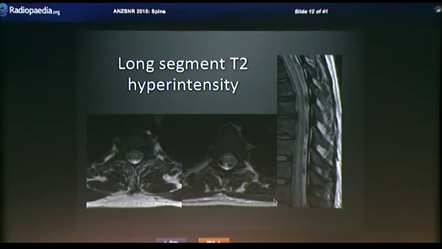From there, I'm going to move on to probably one of the most difficult of the conditions that we face as a diagnostic dilemma. And that is when you've got longitudinally extensive T2 hyperintensity of the cord, a myelopathic patient, and essentially a very long differential which runs the whole list from vascular to infective to inflammatory to neoplastic causes.